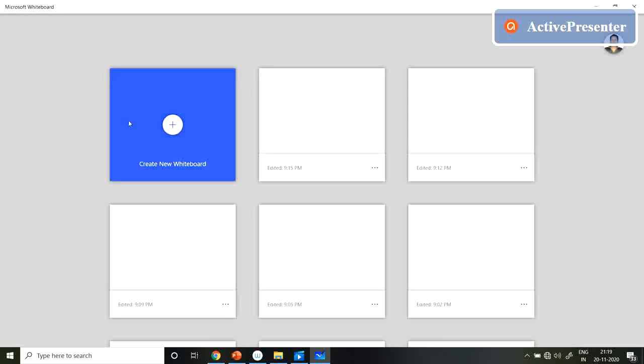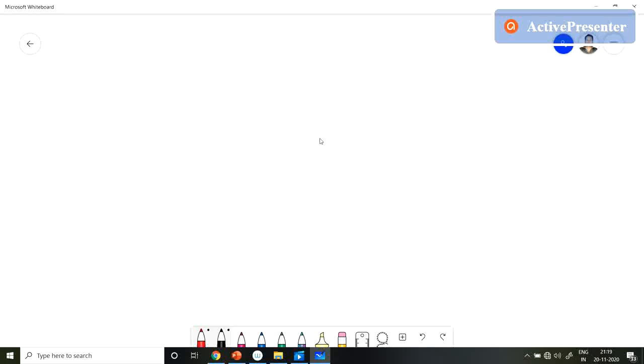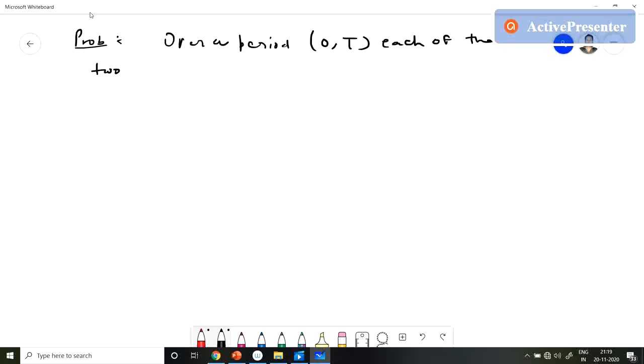Let us solve some problems related to Fourier series and Fourier transform. The problem is: over a period, that is only one period from 0 to capital T, each of the two periodic waveforms W1 and W2 is shown in the figure below.